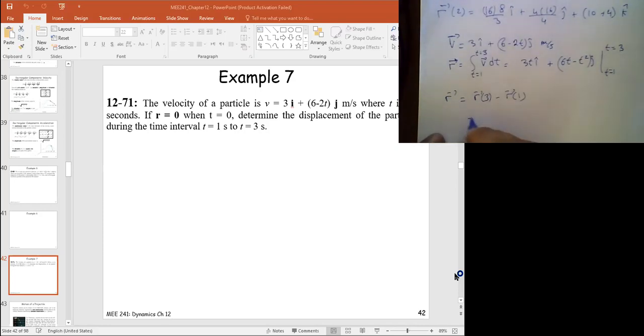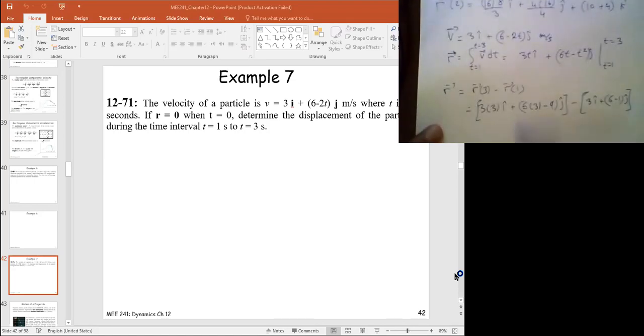So you do the first one first: 3 times 3 i plus (6 times 3 minus 9) j. This is the first term, minus the value at 1 second, which is 3i plus (6 minus 1) j.